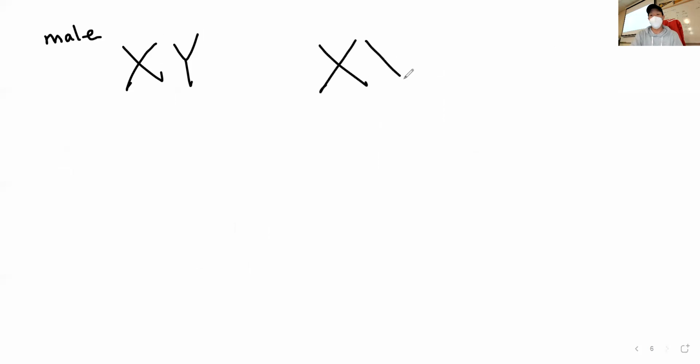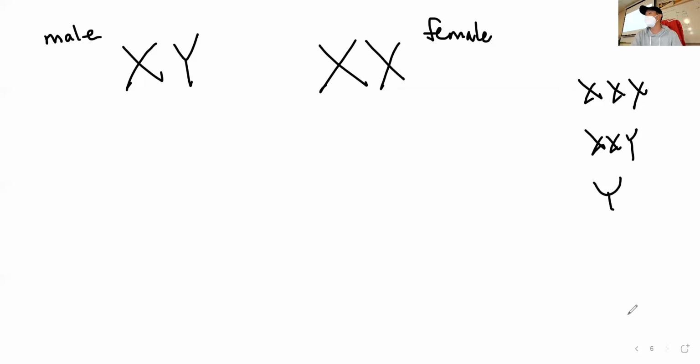If you are XX, you are biologically female. Okay? Now, there are mutations and there's things that can happen where people will end up with XXX. There are people with XXY. There's people with just a Y. There's a whole bunch of different things that could happen. Okay? But we're assuming this here.